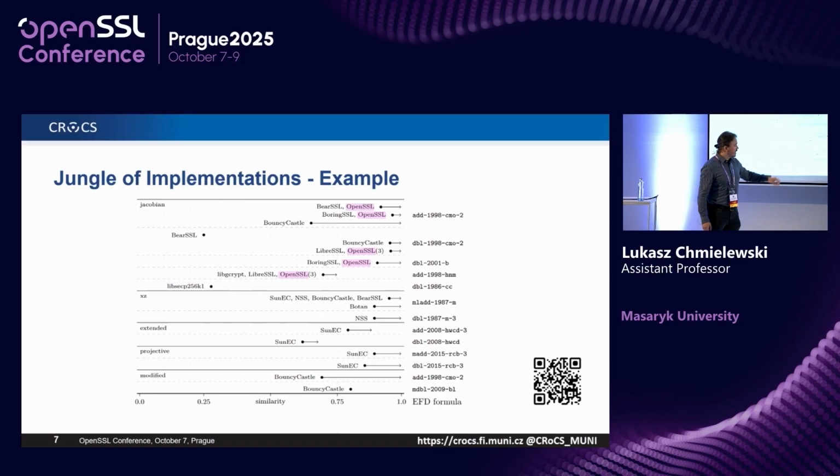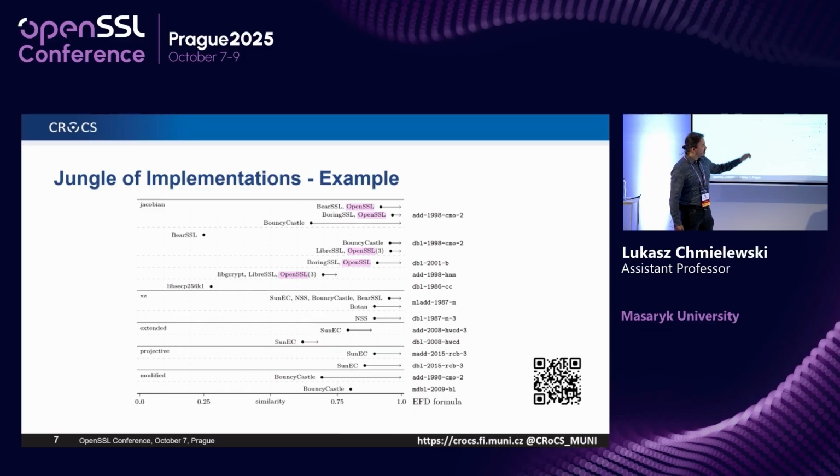And then if you use the QR code provided there, then you can go to the paper and see, for example, which elliptic curve formulas are implemented in OpenSSL. I marked it here on the picture. Additionally, you can see which libraries share which implementation choices, but let's say it's useful mostly for reverse engineering, I think.